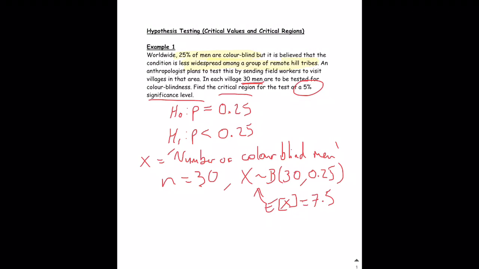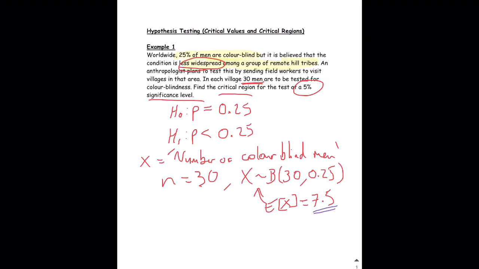So I think it's going to be less, or apparently is less widespread. So I'm assuming that I'm going to be less than my expected value, more extreme, but on the less side. So maybe 6 is a bit too close. What if I try 5?